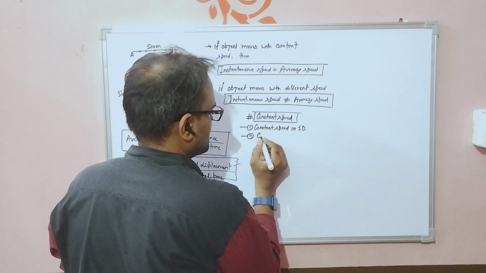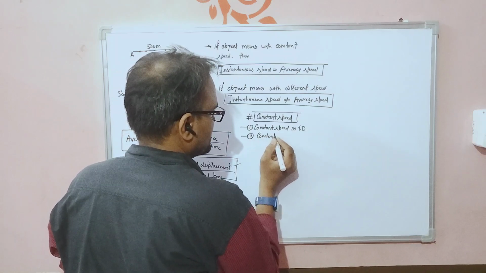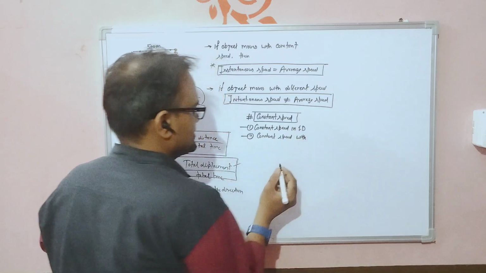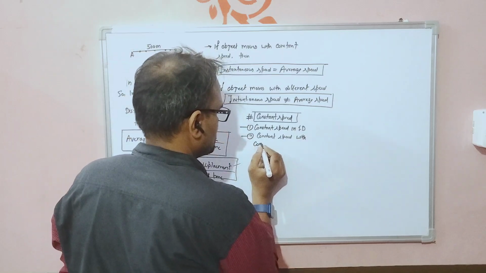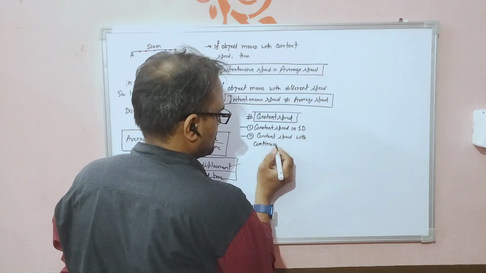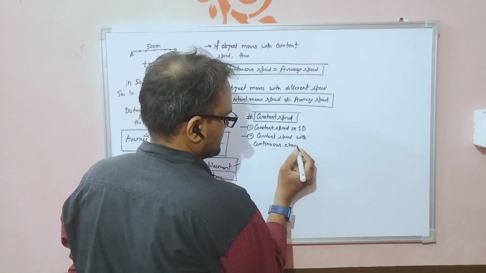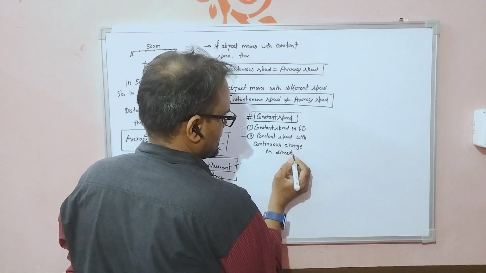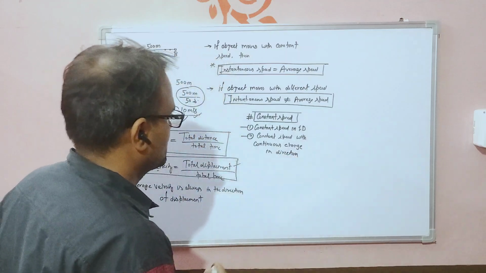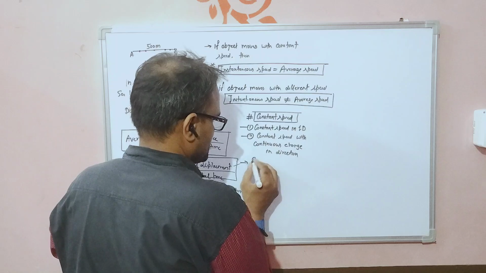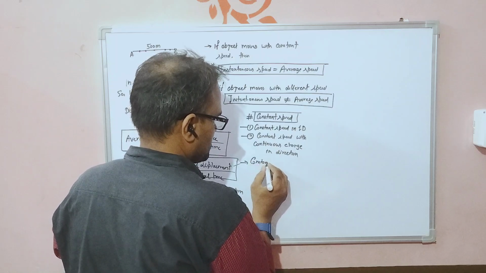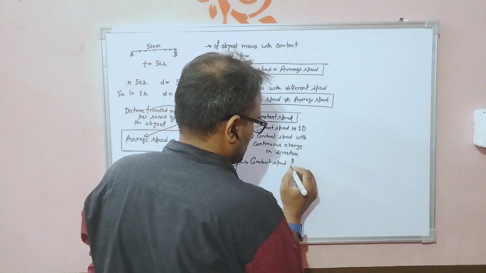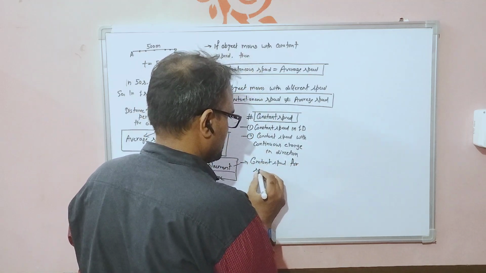Second is constant speed with continuous change in direction. And the third one is constant speed for some time interval.